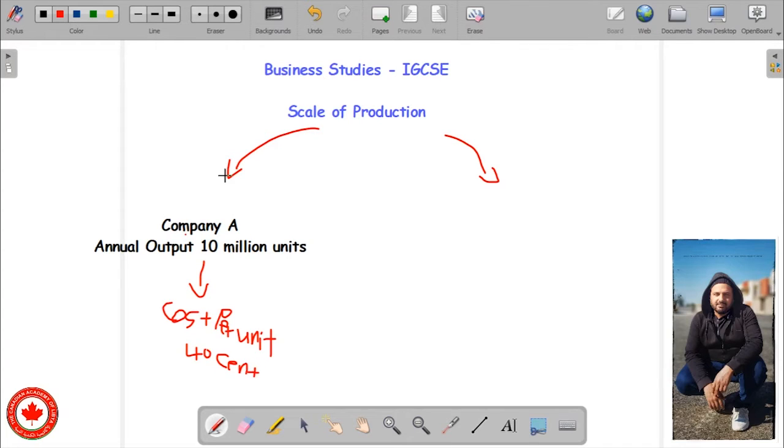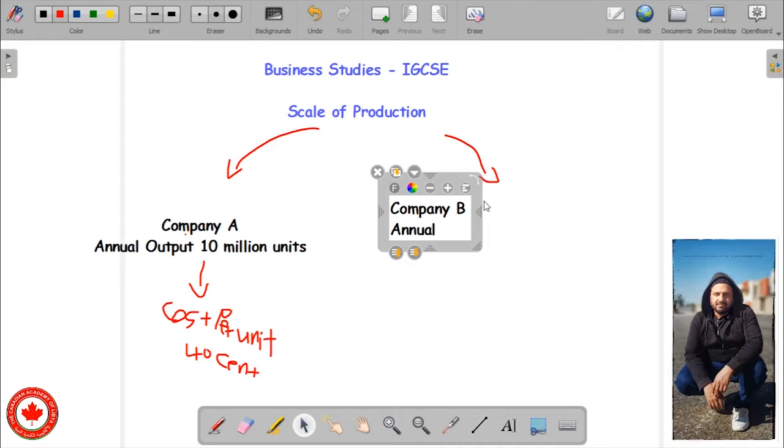And this is another company B that is producing an annual output of 1 million units.